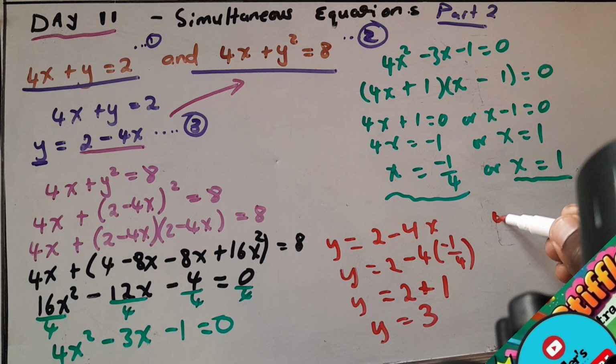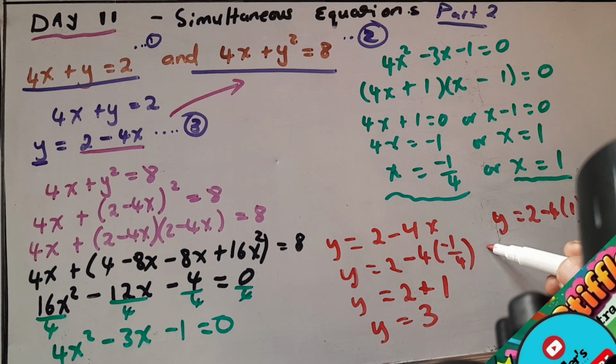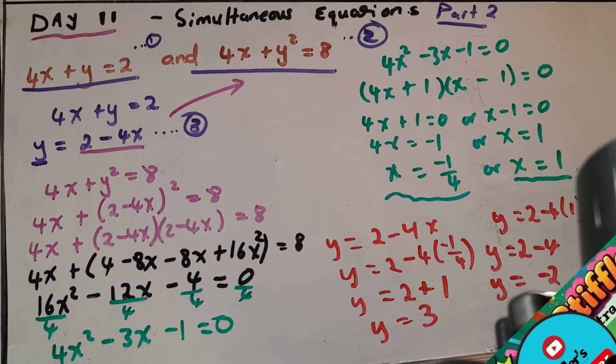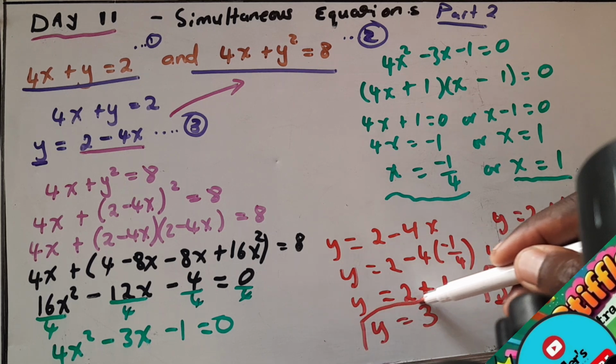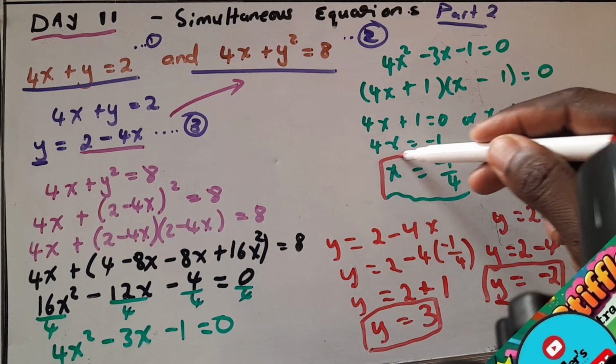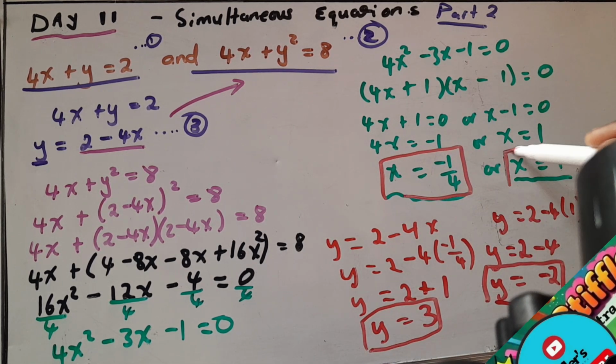And on this one, y is equal to 2 minus 4 times 1, which is our x. So y here will be 2 minus 4, so y becomes negative 2. So these are the values of x and y. So we have solved this simultaneously.